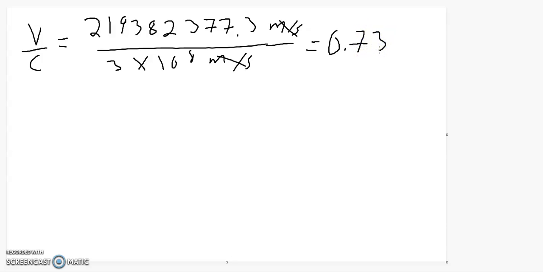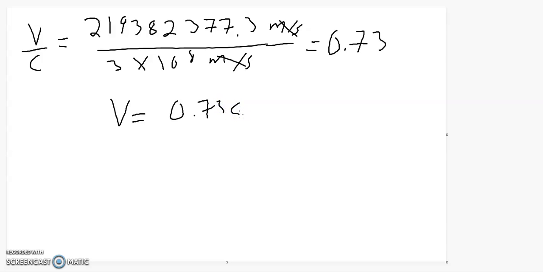All right. So in other words, the escape velocity is 73% of the speed of light. Here's another way to write it: 0.73 c.